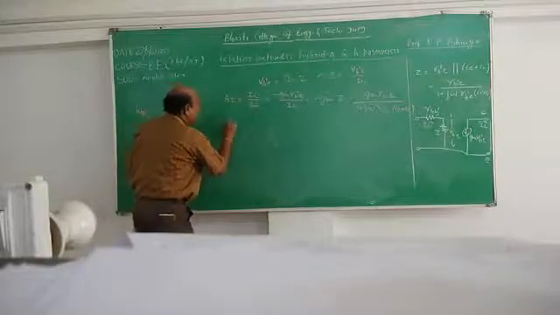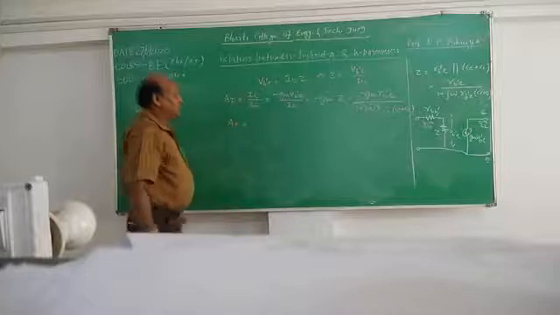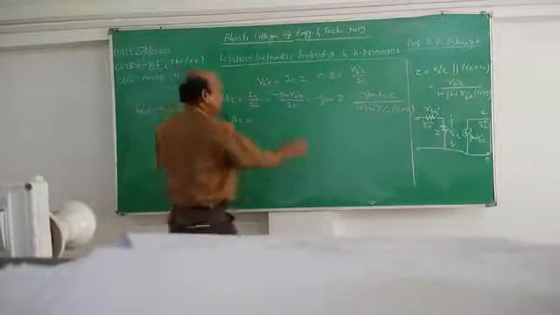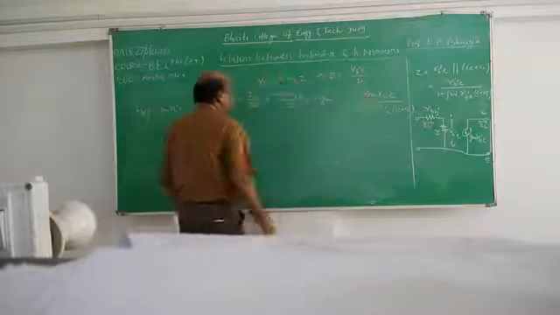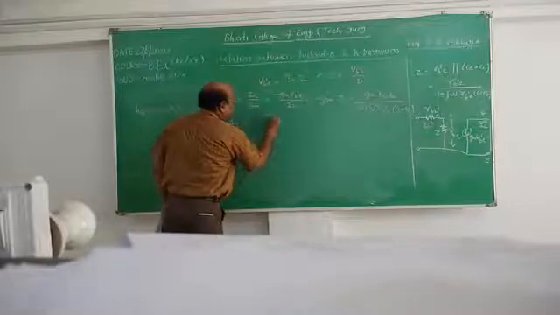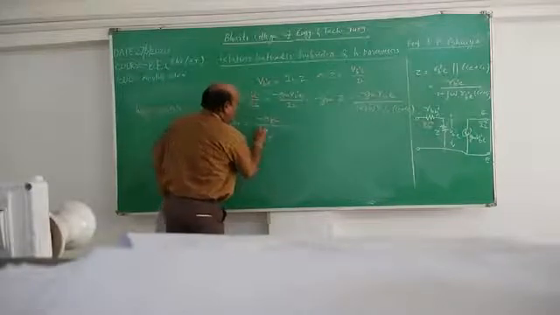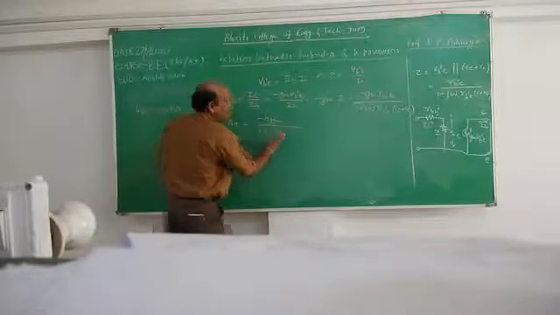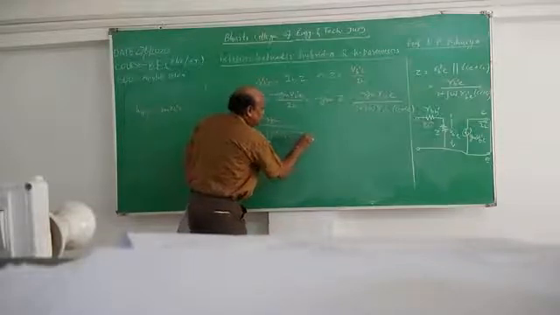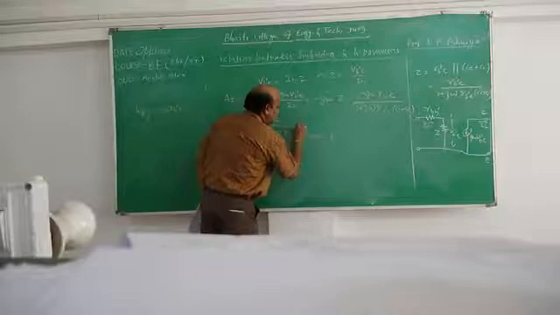Therefore, finally this Ai becomes equal to, in place of minus gm into rb'e you can put hfe. So what is here? Minus hfe upon 1 plus j omega rb'e into (Ce plus Cc).